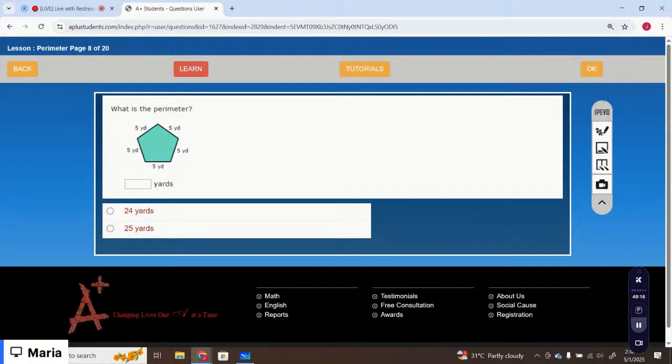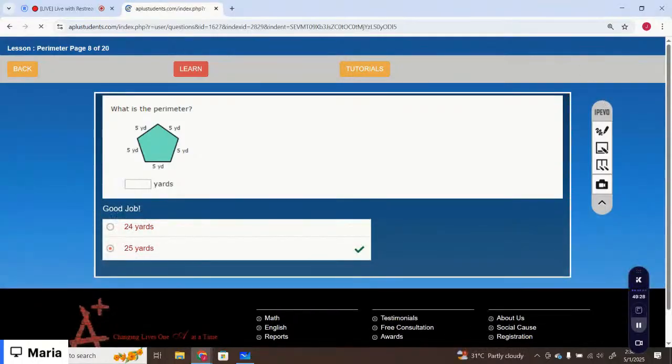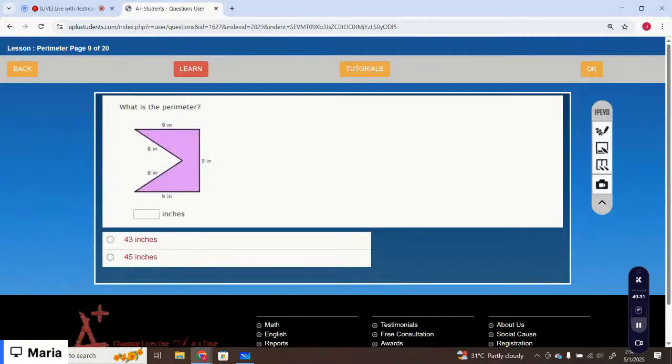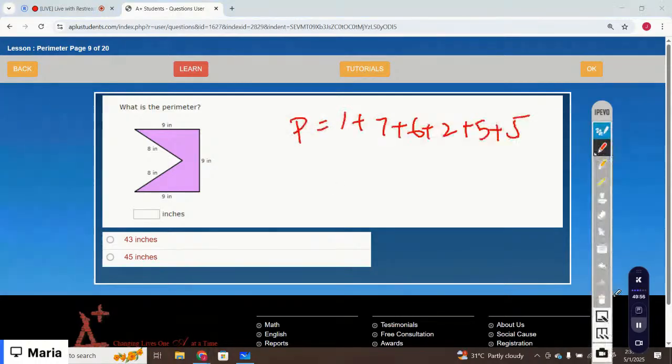What is the perimeter? That is 25 yards. Option number 2 is the correct option. What is the perimeter? 27 plus 16, I think 43.